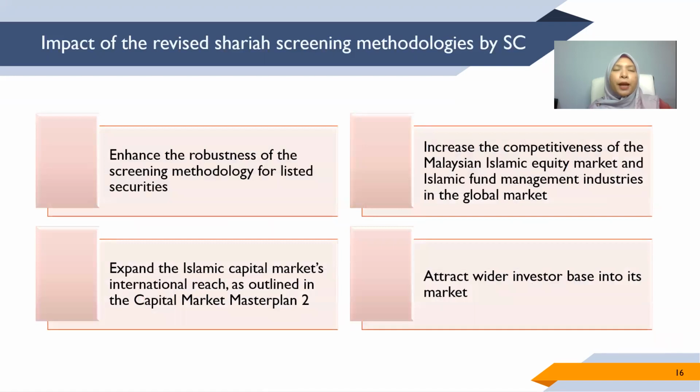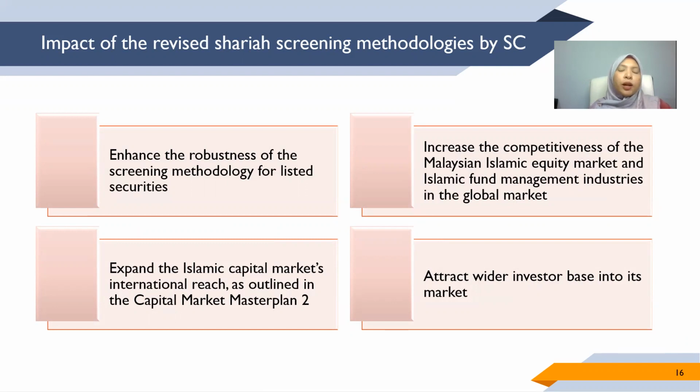So what is the impact of the revised Shariah screening methodology? Of course, it enhanced the robustness of the screening methodology for listed securities and increased the competitiveness of the Malaysian Islamic equity market and Islamic fund management industry in the global market.